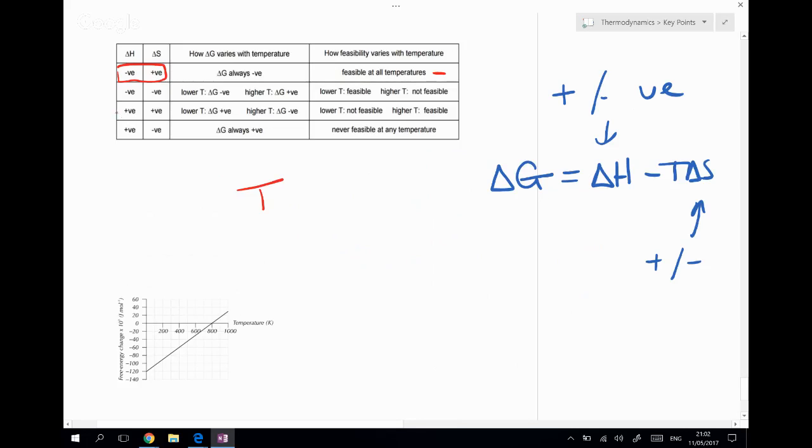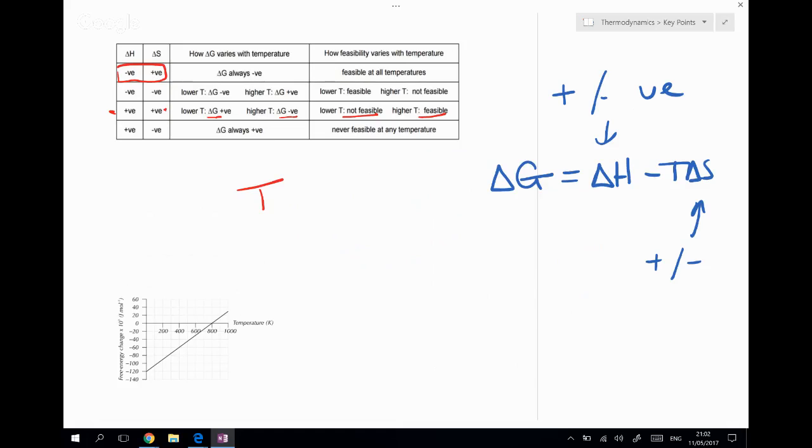The next example then is positive and positive. In other words, we've got an endothermic reaction in which we are seeing an increase in disorder. In that case, at a lower T, delta G is positive, and therefore the reaction is not feasible. And at a higher T, the Gibbs free energy becomes negative, and the reaction is feasible. So an example there would be like the thermal decompositions that we've just been looking at.